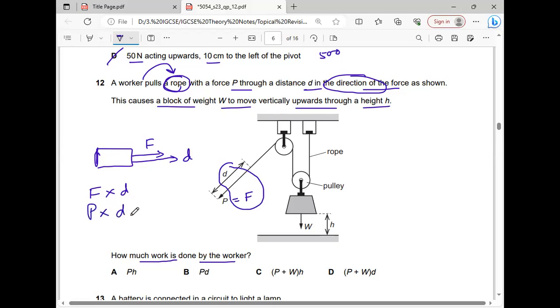P multiplied by D. Since height is in the upward direction and weight is in the downward direction, this option is not possible. W and W both cancel out. Note, since force is applied and distance is covered in the direction of force, and that is D, which option is correct? Option B is the correct answer.